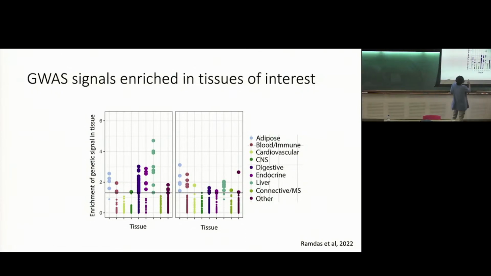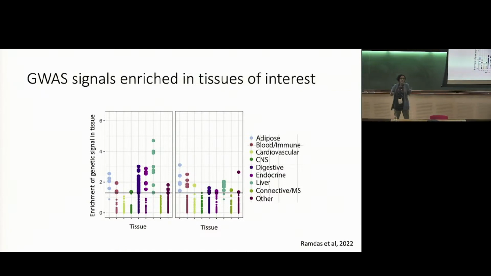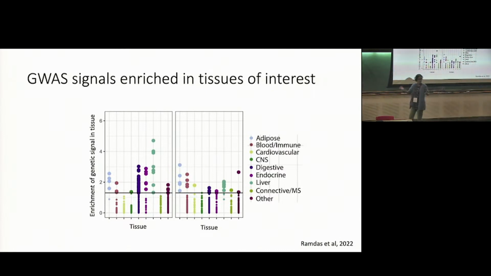The labels have gone, sorry, but for LDL on the left, which is your bad cholesterol, we see the strongest enrichment of the GWAS signal in genes expressed in the liver, which makes sense, because cholesterol is metabolized in the liver. For HDL, the good cholesterol that you hear about, we see the strongest enrichment in adipose or fat tissue, which again is something we know about.